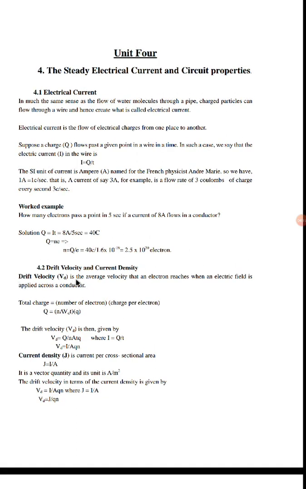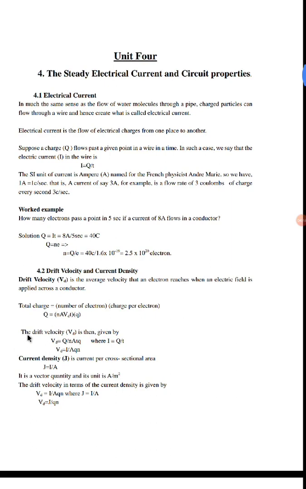The next lesson is drift velocity and current density. Firstly, we define what the drift velocity is, and secondly, the current density. Drift velocity, in short Vd, is the average velocity that an electron reaches when an electric field is applied across a conductor.